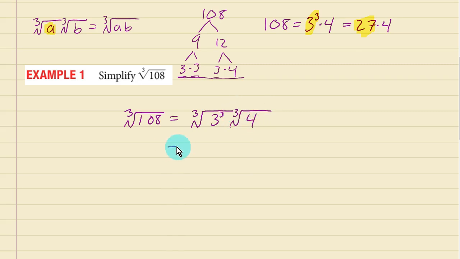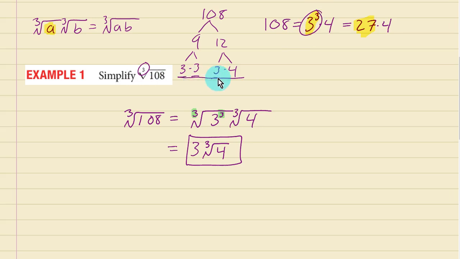And the cube root of 3 cubed is just 3. The index here basically cancels out with the power. So you get 3 times the cube root of 4. So that is now a simplified version of that. And generally with these, because it's a cube root, you need to find a perfect cube factor of 108.